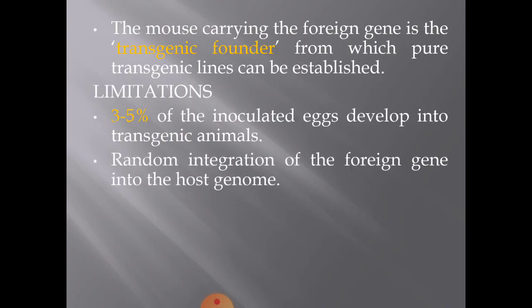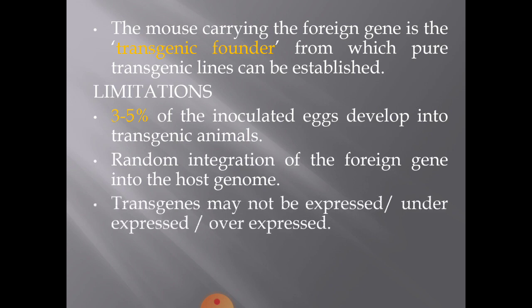Then random integration of foreign gene into the host genome. That means the gene of your choice may not go and sit in the place where you want it to sit. Okay. So it may go anywhere and simply get incorporated into the genome. It has its own drawbacks.